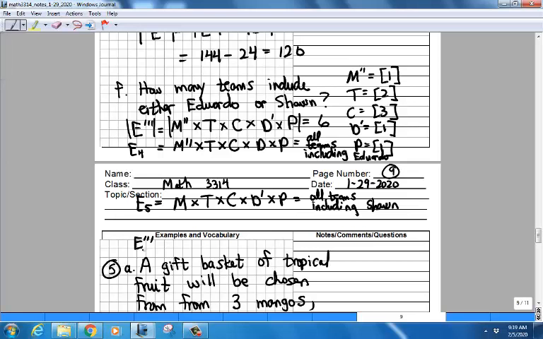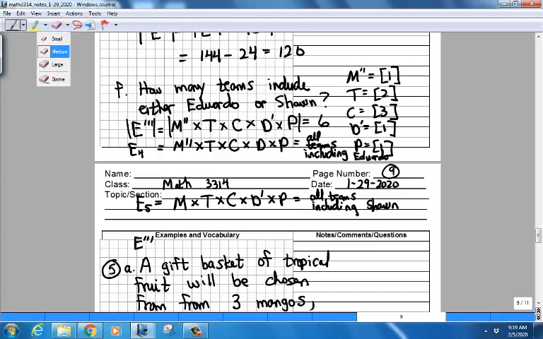But let's keep this E triple prime, because I'm going to use that again in just a moment. So, let's try E6. This is what we want, right?